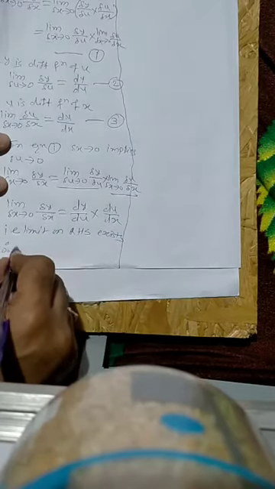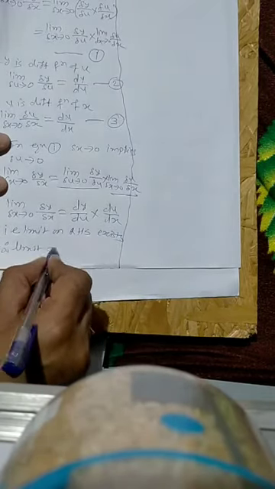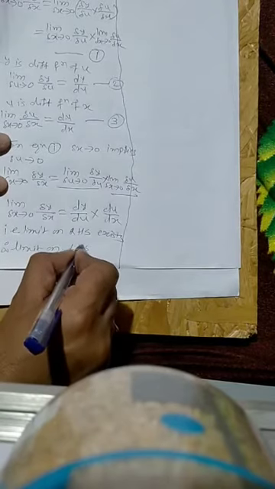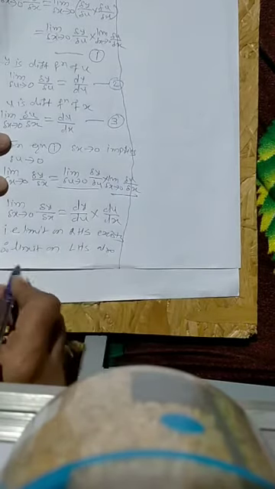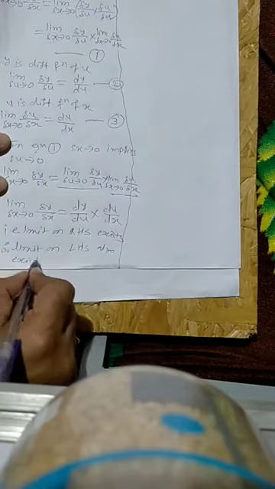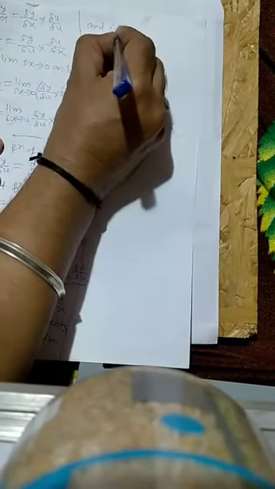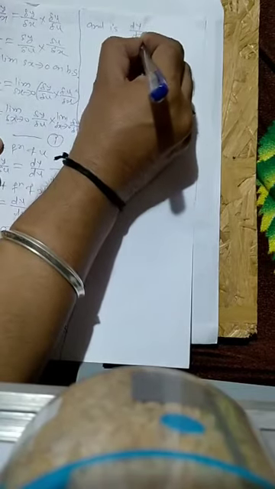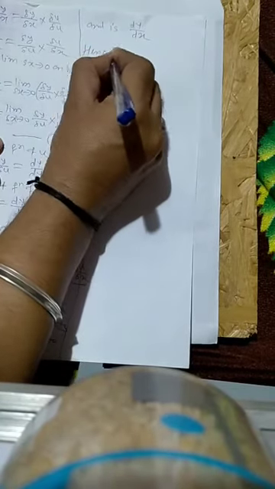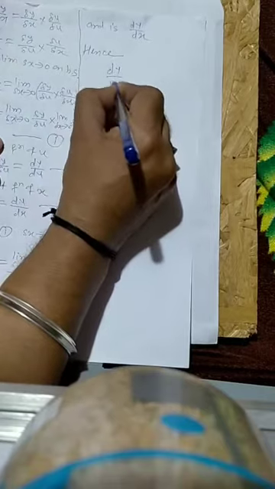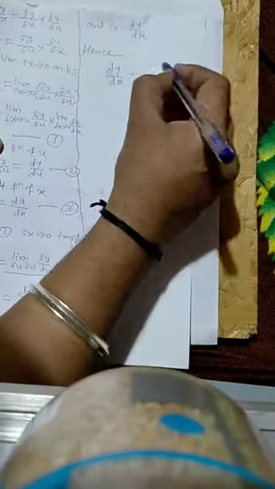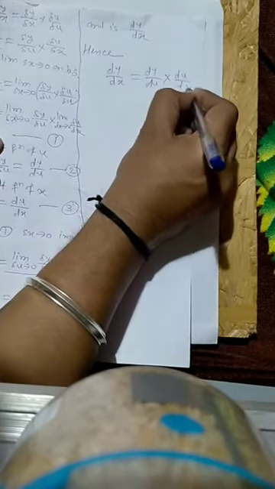So therefore the limit on the LHS also exists and is dy by dx. Hence dy by dx is equal to dy by du into du by dx.